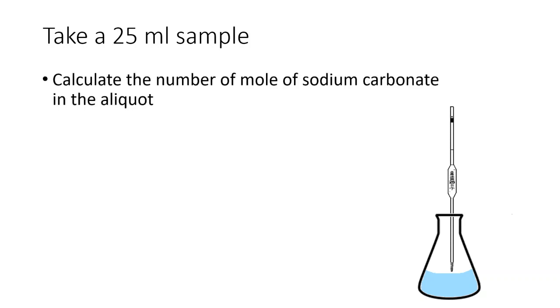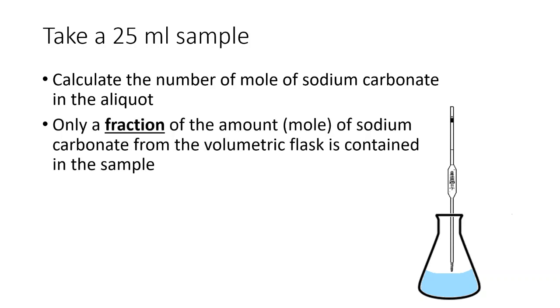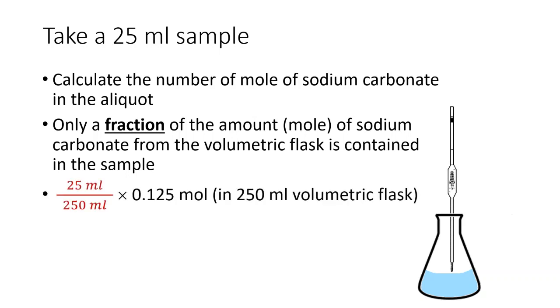I'm going to calculate the number of mole of sodium carbonate in that aliquot, in that sample. Only a fraction of the mole of sodium carbonate from the volumetric flask is contained in the sample. Remember that I had 250 mL of solution, but I'm only using 25, only a fraction. So I say 25 over 250 multiplied by 0.125.